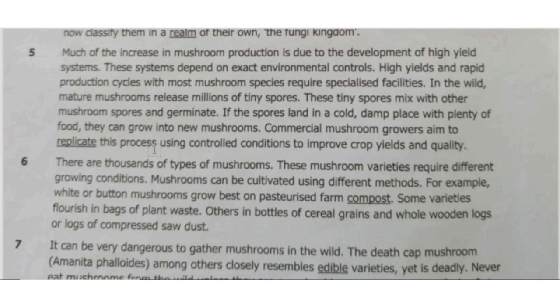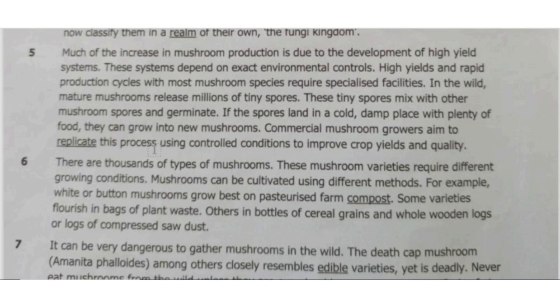We go to paragraph 5. Much of the increase in mushroom production is due to the development of high-yield systems. These systems depend on exact environment control, high yield, and rapid production cycles, which most mushroom species require specialized facilities. In the wild, mature mushrooms release millions of tiny spores.